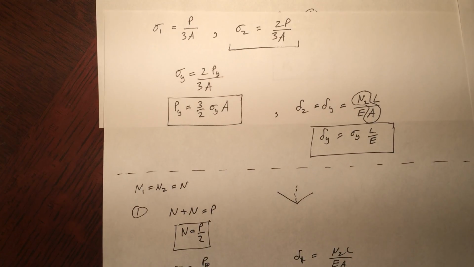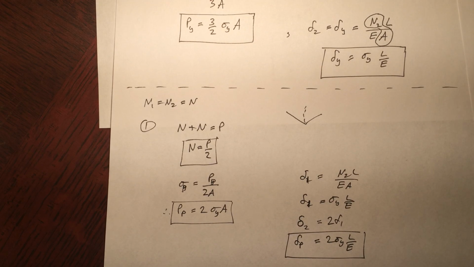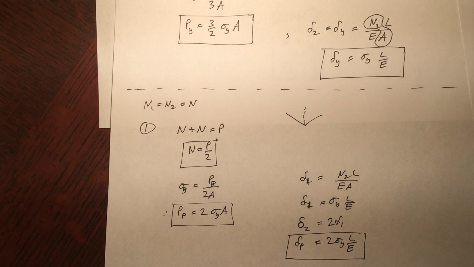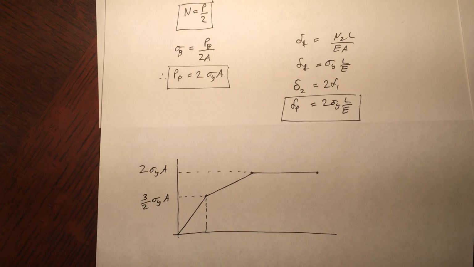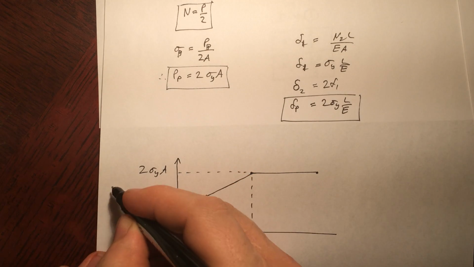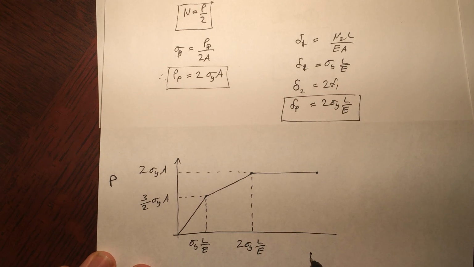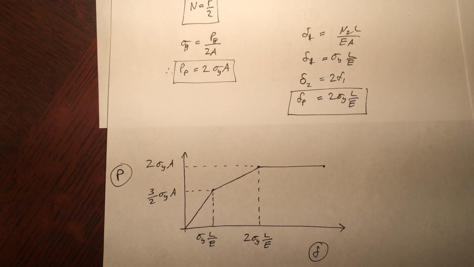It's going to yield at P yield of 3.5 sigma yield A. And it's in its fully plastic region when P is equal to 2 sigma yield A. So you only need to increase this by half to make it go into the fully plastic region. And then of course the corresponding deltas are sigma yield L over E and 2 sigma yield L over E. So this point has moved twice the distance. And of course we're plotting P here, delta here. So that's the answer for this question.